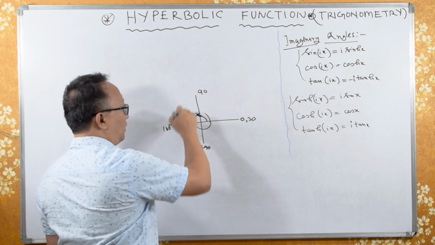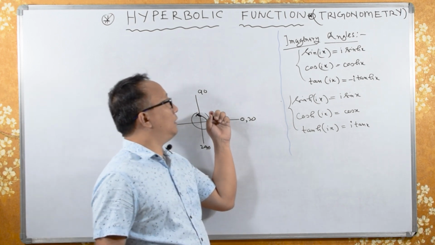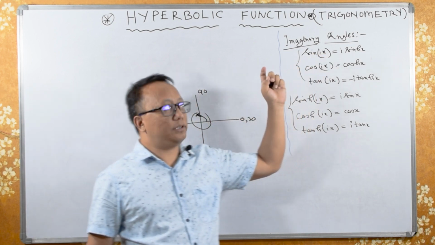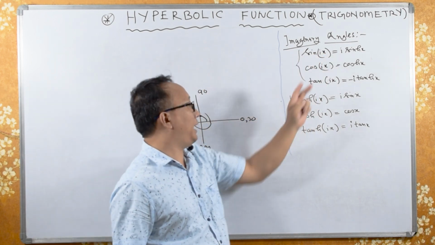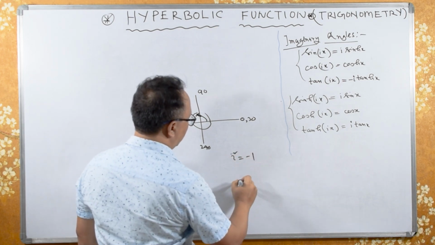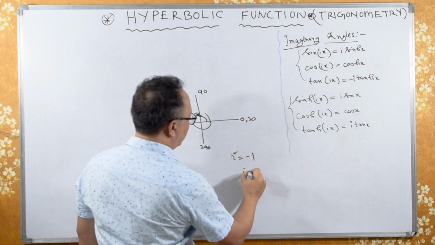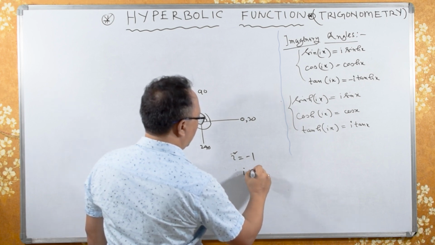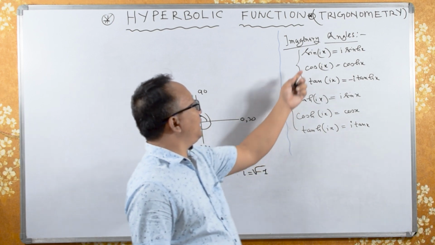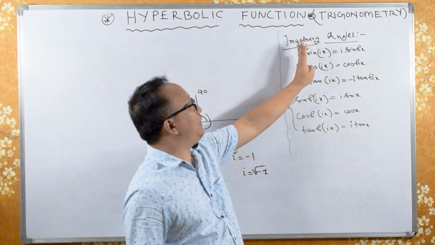Here you have many real numbers, but here we have the imaginary number i. Here i square equals minus 1, so you can say i equals square root of minus 1.